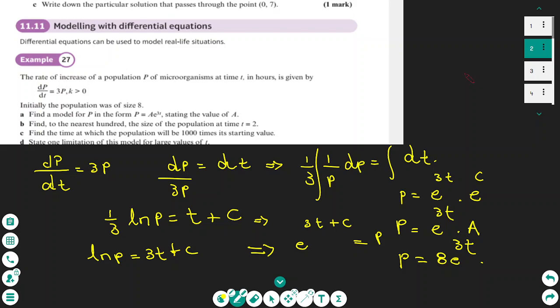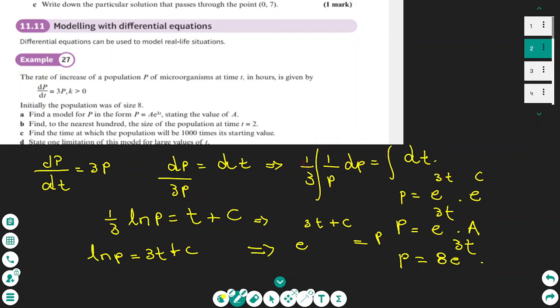By cross multiplication, it's possible to change the variables, and you get dP/3P = dt. Now you can integrate both sides, because what we are trying to do is find P.